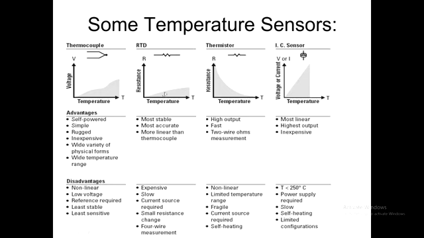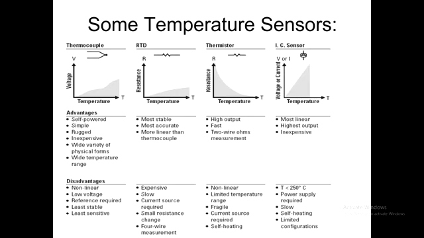But they are very linear over a range, and their temperature range will far exceed that of the IC sensor. Because notice here we're stuck with 250 degrees where typical semiconductors stop working. But they can go to quite a high range. The thermistors, well, you guys used thermistors, didn't you, last year?